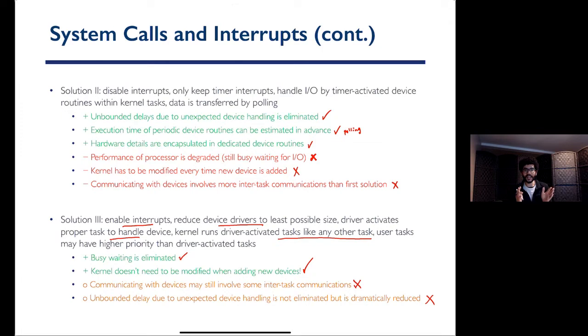Although the interrupt handling has been shortened, interrupts could still happen, and that's random. And that means that my tasks are less predictable compared to solution number 1 and solution number 2, because in both cases we didn't have interrupts at all. But in this case, we have interrupts. So we're losing on predictability. We have just minimized the time that we're going to put into handling interrupts.